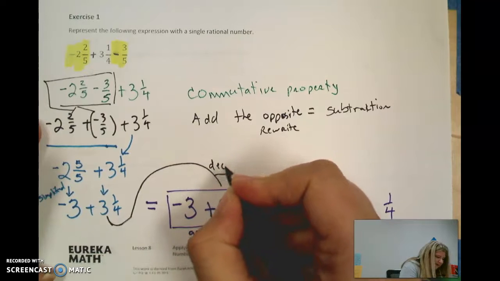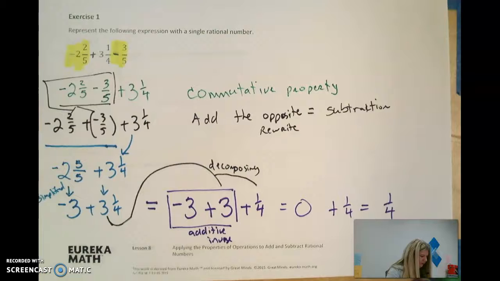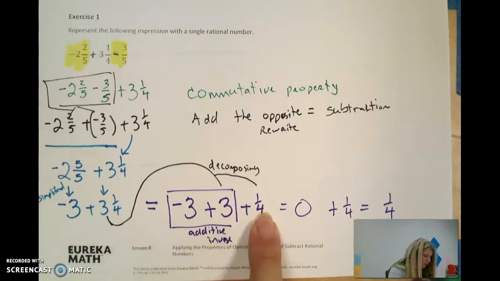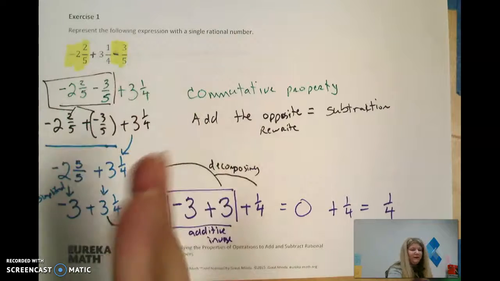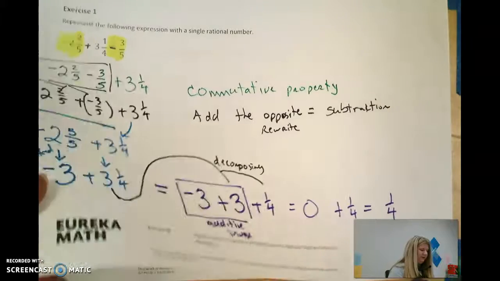That is called decomposing the number, because I wanted to keep that 3 here separate from the 1/4 so I could combine those. All right. So, I mean, it's a lot of writing here, but this writing is me making my thinking transparent so that you can see it on paper. And it really made it easier when I used these properties.